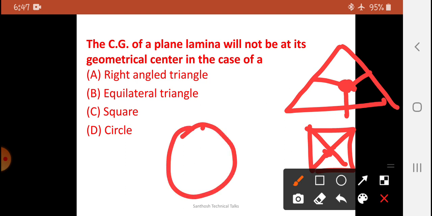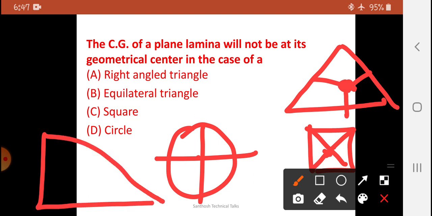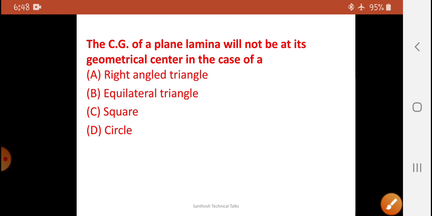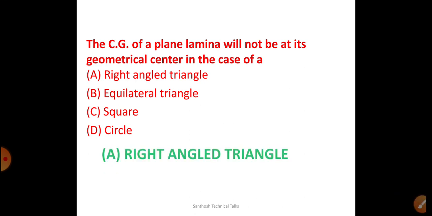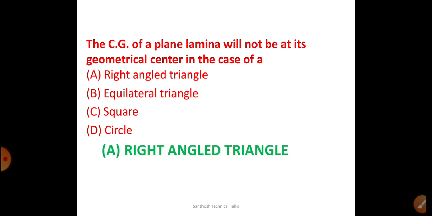If it is a circle, the CG and geometric center are the same. But in the case of a right angle triangle, the CG is different. The centroid, or CG, is different, and the geometric center is different. So you have to notice that. Therefore, for this question, the right answer is option A, right angled triangle.